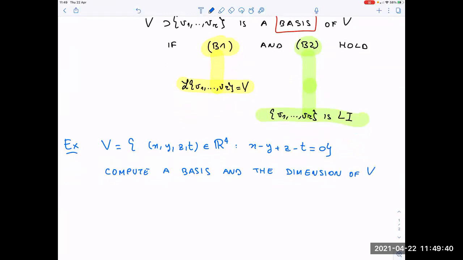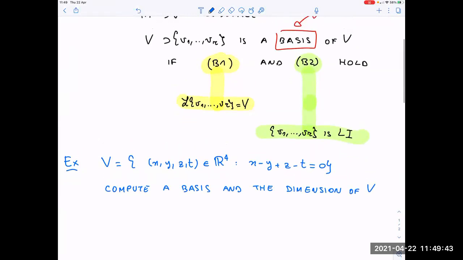Before doing that, just a pre-question. We should ask ourselves, is V a subspace of R4? This is the pre-question we have to ask ourselves before computing, okay?